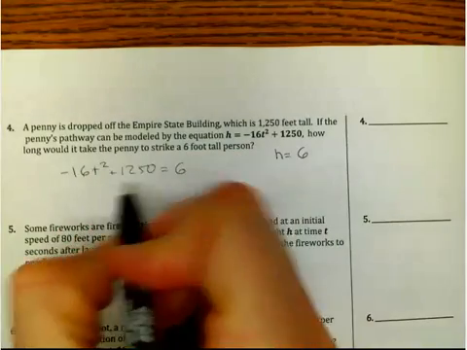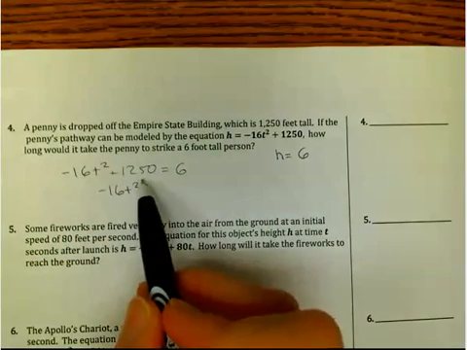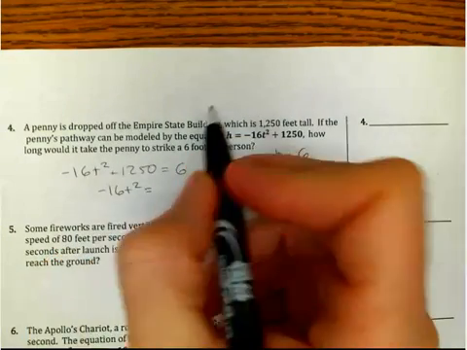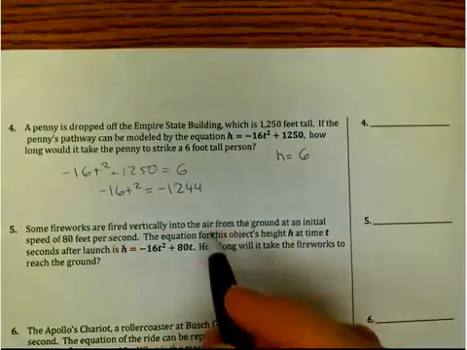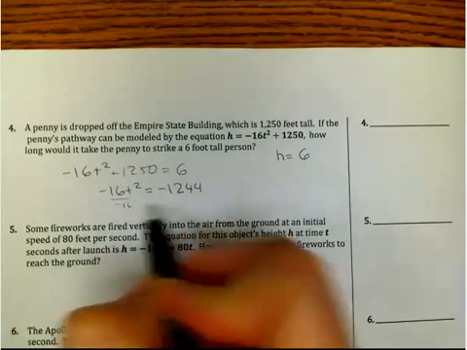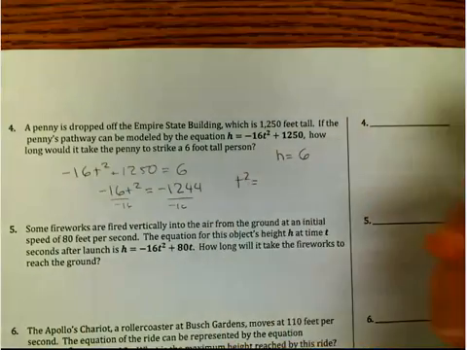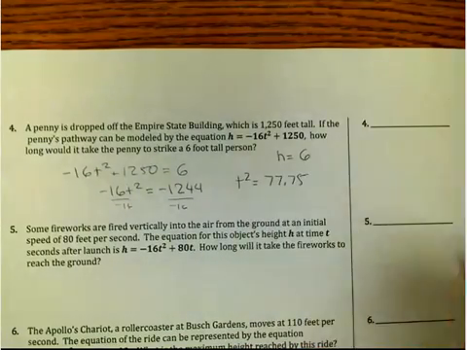So when I do that, I'm going to subtract the 1,250 from both sides, and so that is going to give me negative 1,244. And then when I divide by negative 16, I'm going to end up with t squared is equal to 77.75.